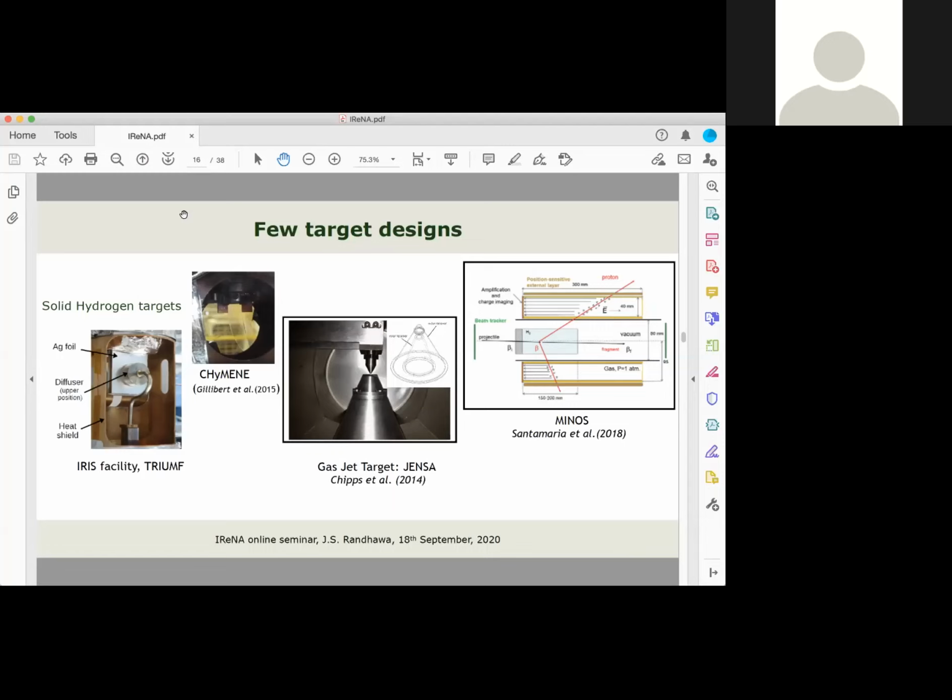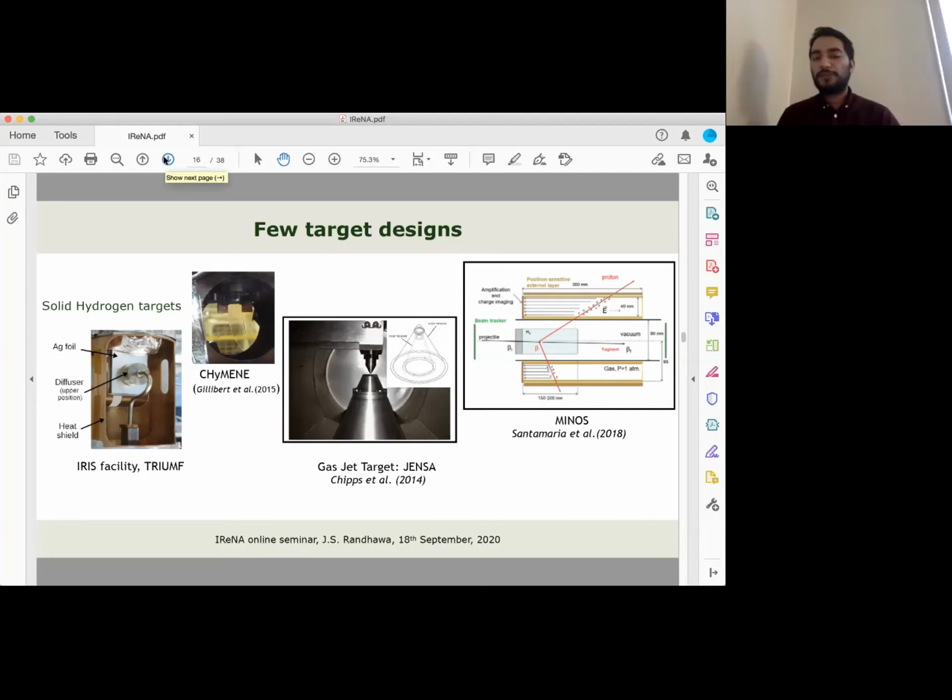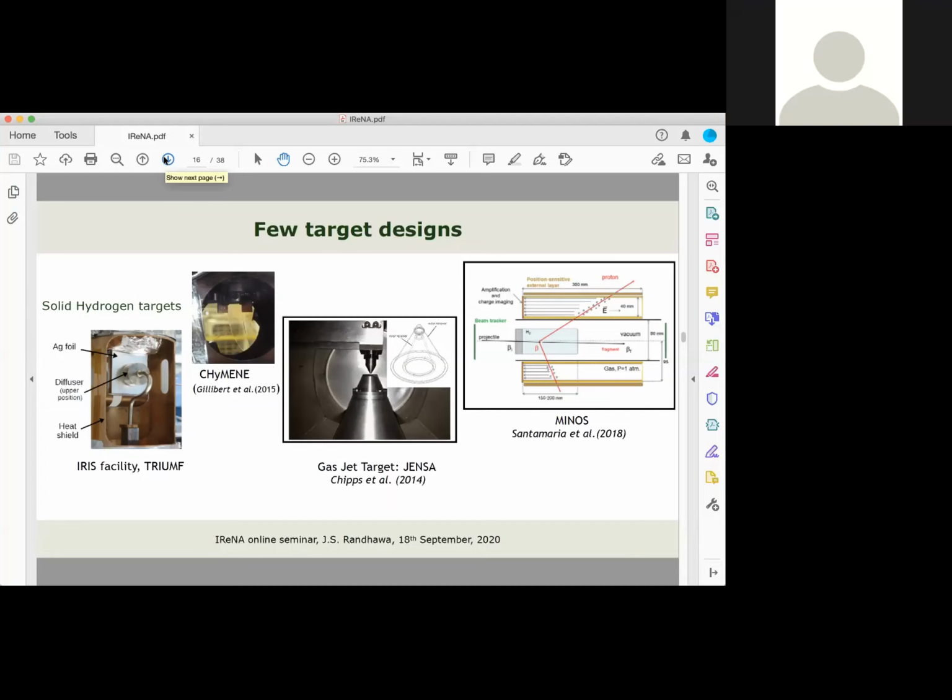Because I know in neon-22 plus alpha there are various resonance structures, and the cross section can vary quite significantly over some orders of magnitude due to the resonance structures. Do you see anything similar in the magnesium-22, or is it all kind of smoother? It is kind of smoother because my energy bins are much larger, and that is because of the limited statistics I have. So it's the averaged yield, let's say, for that. Okay, thanks.